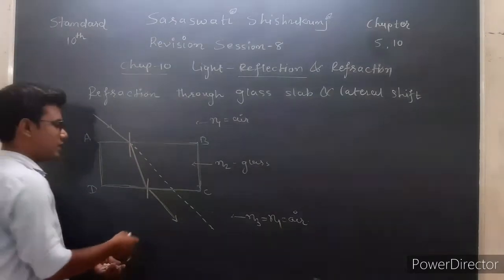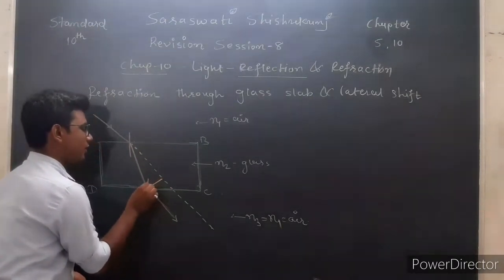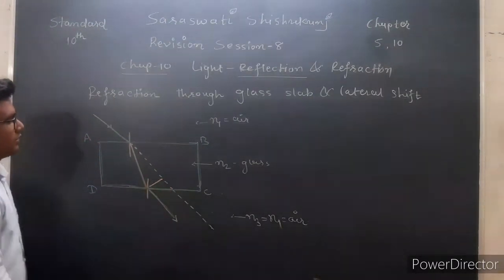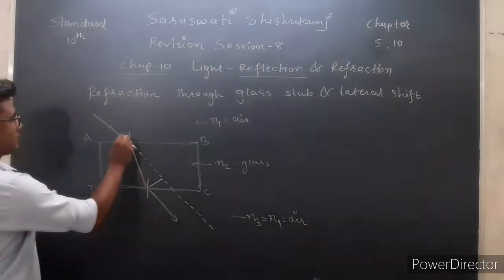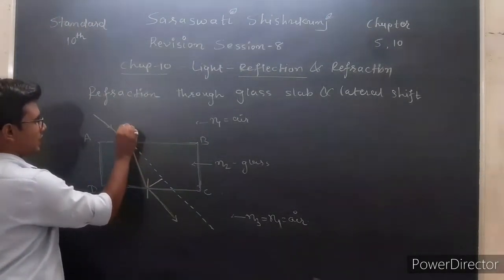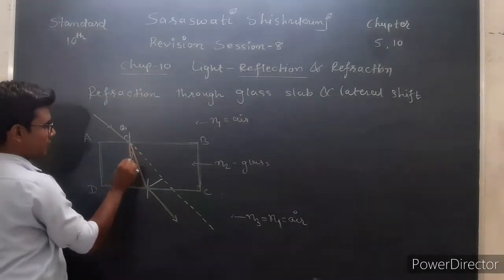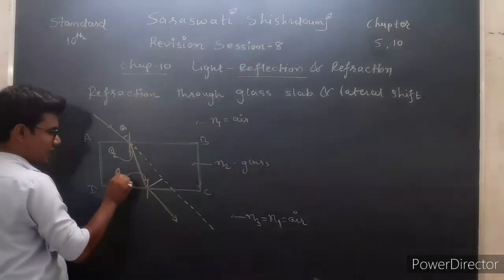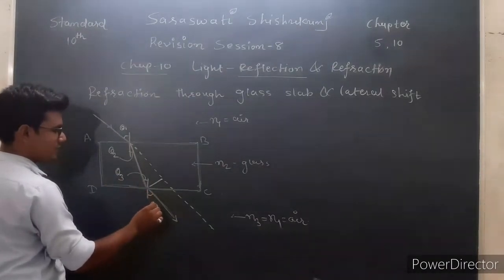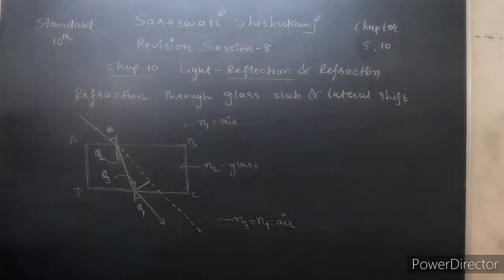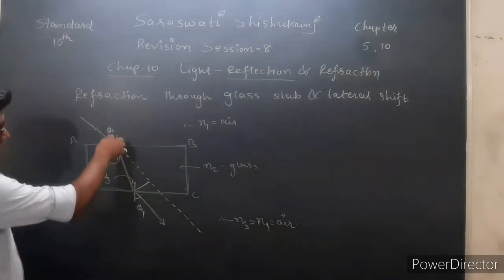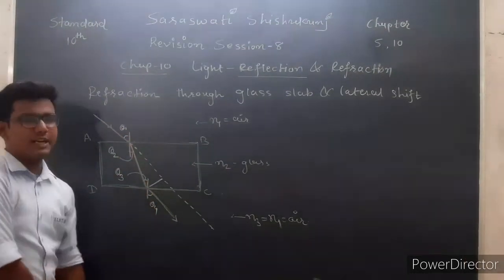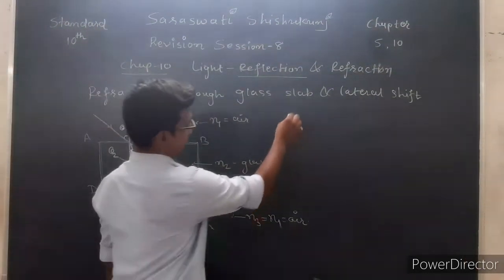So it is emerging out in such a way that, now let's see, this is our theta1, this we consider as our theta2, this as theta3 and this as theta4. We are not going on the proof, but we know that theta1 and theta4 both will be the same.